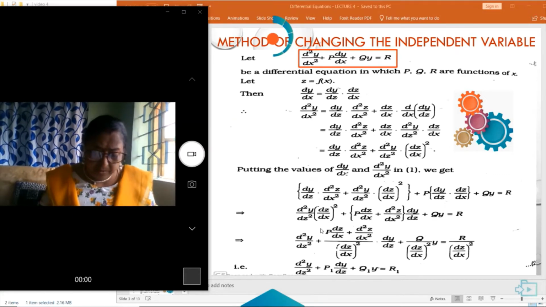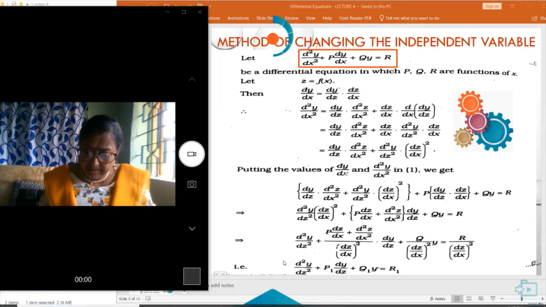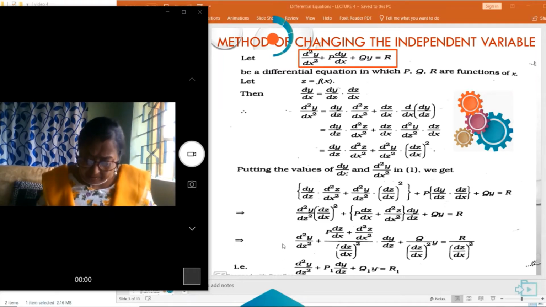where p, q, r are functions of x. Let z is equal to f(x). Then dy by dx can be written as dy by dz times dz by dx. Similarly, d2y by dx square can be written as shown on your screen.